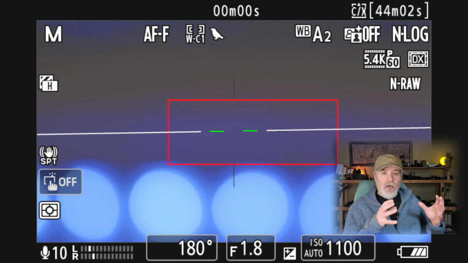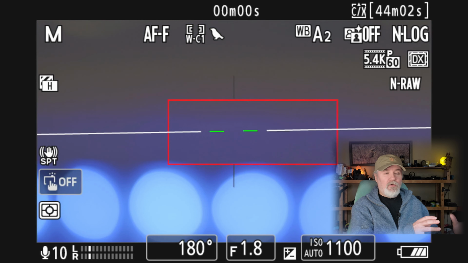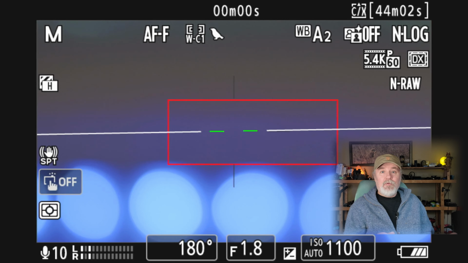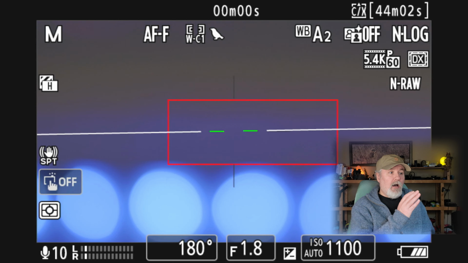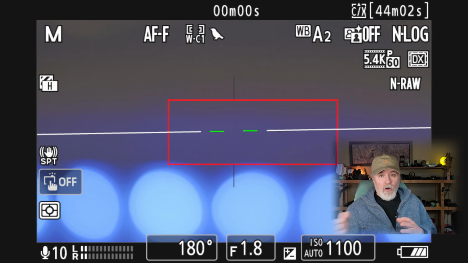Basically, your shutter speed with shutter angle is going to be predetermined, and if you pick 180 degrees, like I say, 98% of the time, it's going to be the correct shutter speed you want. Auto ISO is going to automatically adjust the ISO to get your exposure correct. And then from there, you can adjust the aperture or a neutral density filter on the front of your lens to help manage the exposure on brighter days, for example.